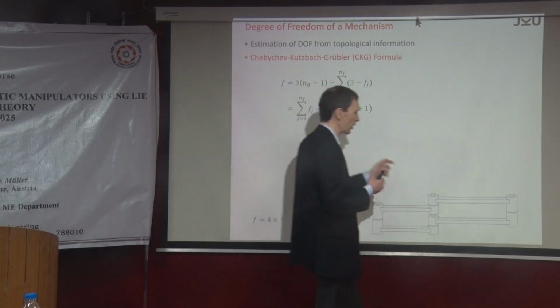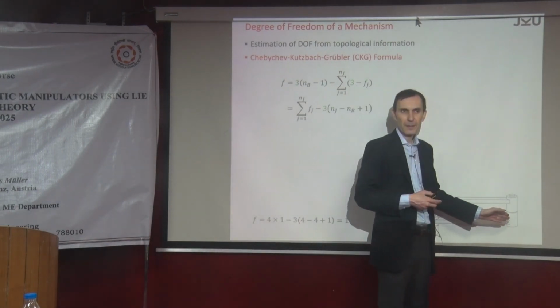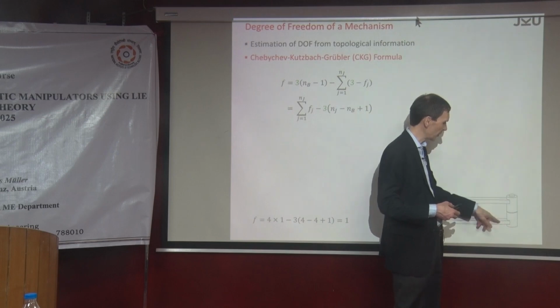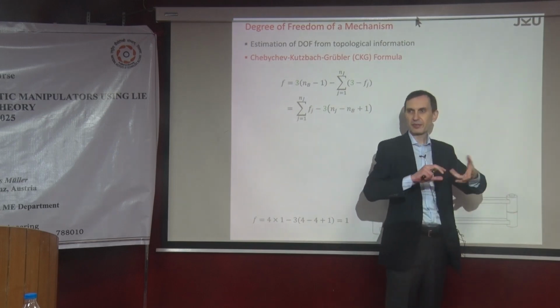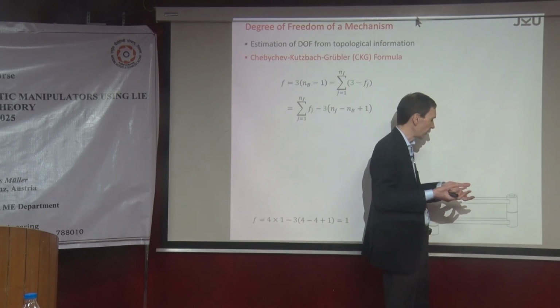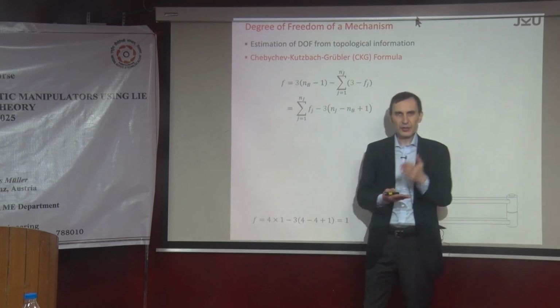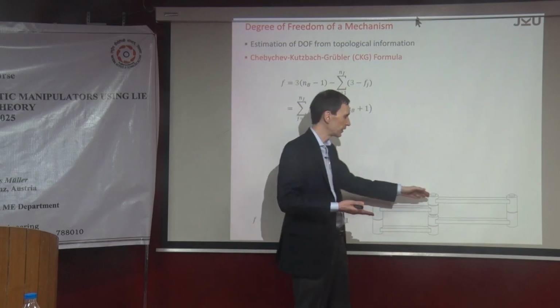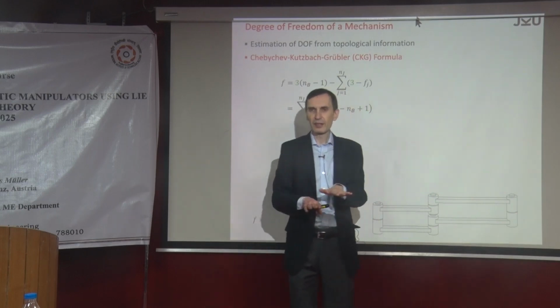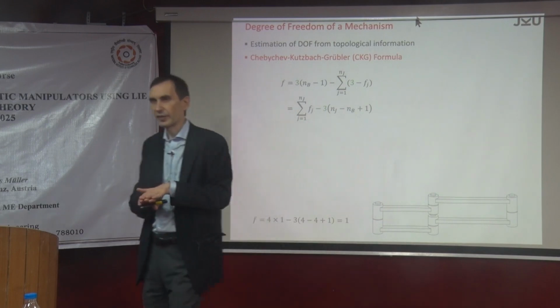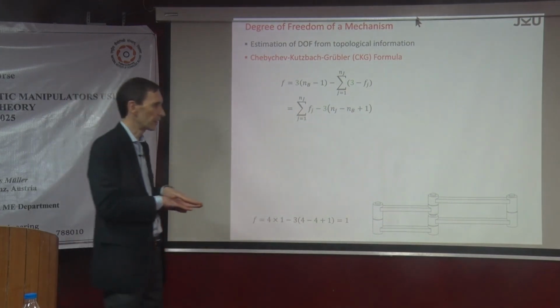Well, a revolute joint restricts the relative motion of the two bodies to pure rotation. That's why it's called the revolute joint, right? So there are no translations anymore. In the plane, the 2 translations are constrained.